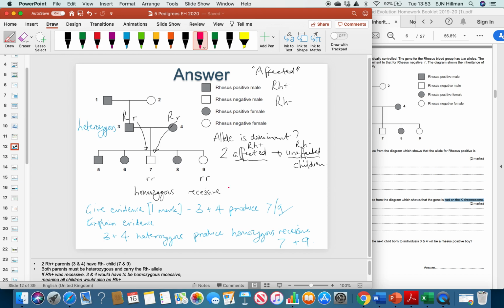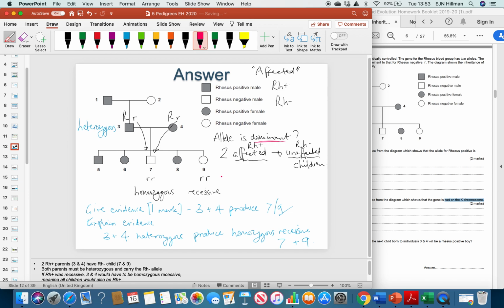Okay, so, again, if you look at page 13, and in fact, whenever we do these, if we want to explain that an allele is not sex-linked, well, there are 2 options. Firstly, is the allele which causes that particular condition dominant or recessive? And this time, we know that it's dominant.